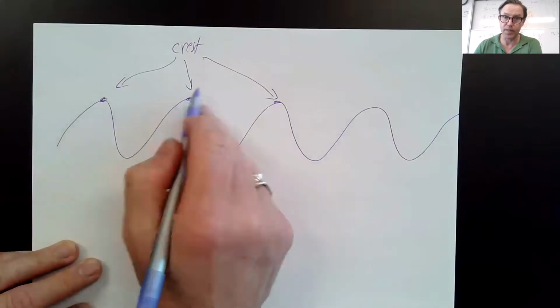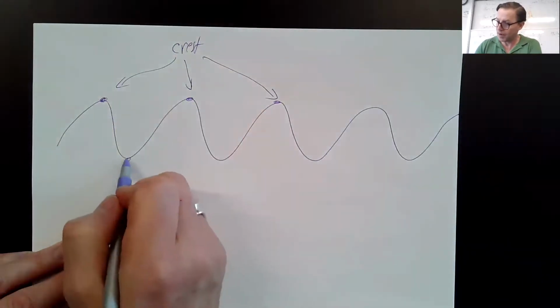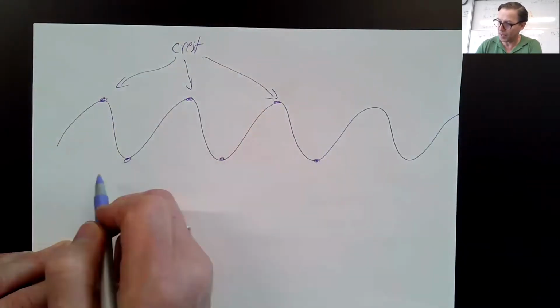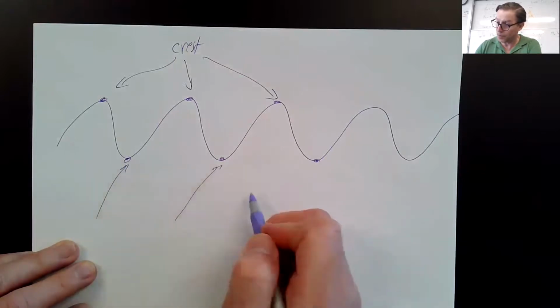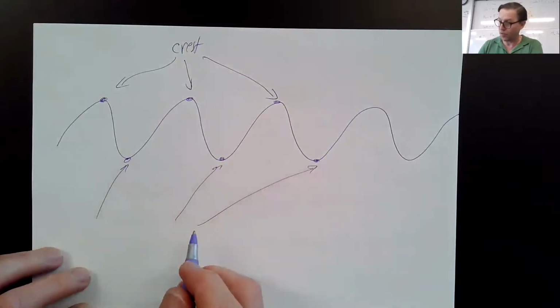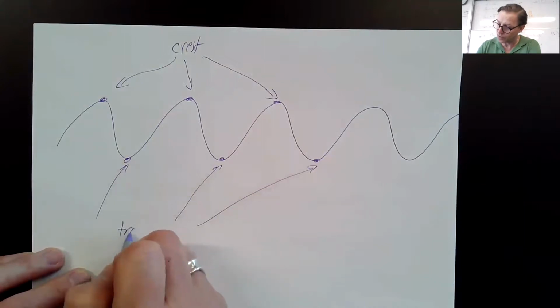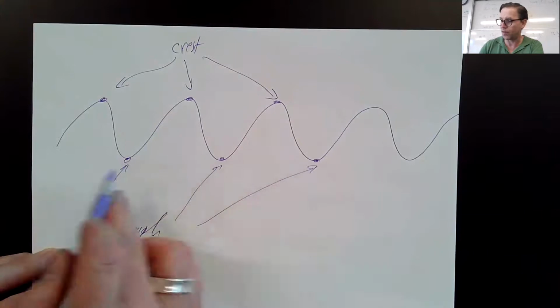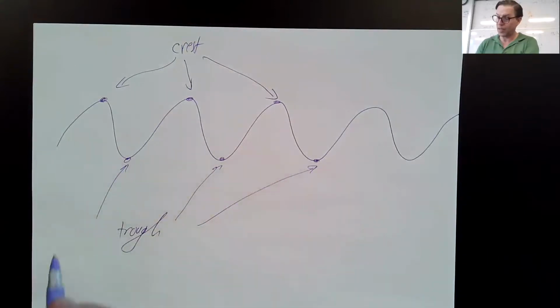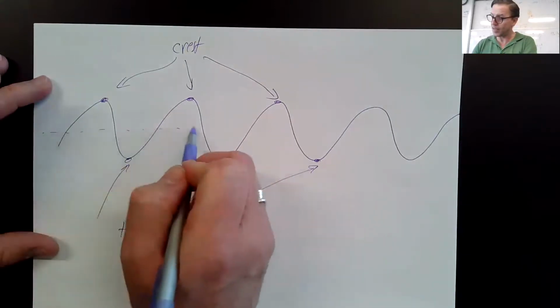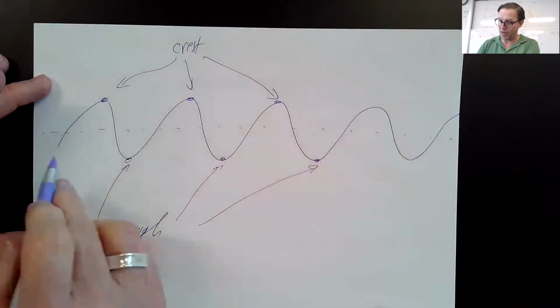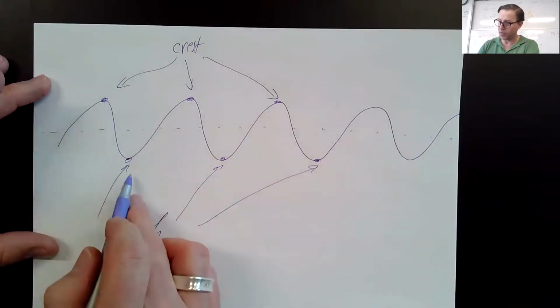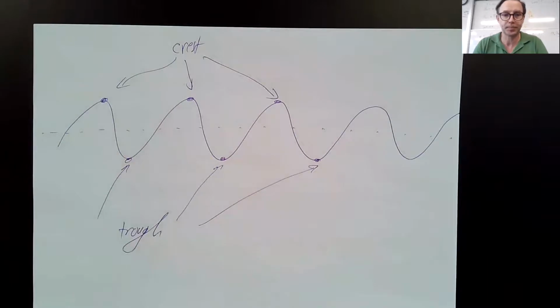This is a crest, this is a crest, this is a crest. These places down here where we are maximally displaced or disturbed in the other direction are called troughs. This is a trough, this is a trough, this is a trough, together they are troughs.